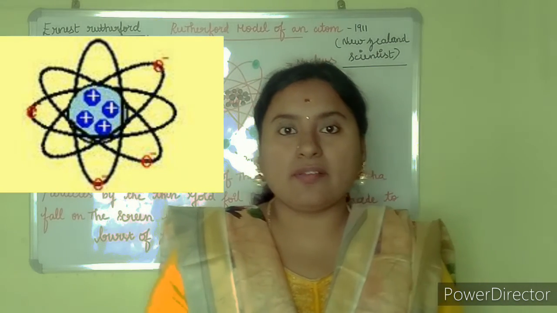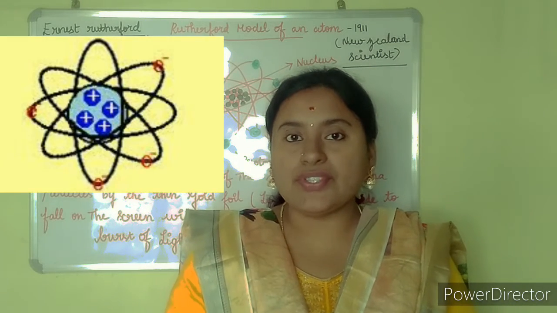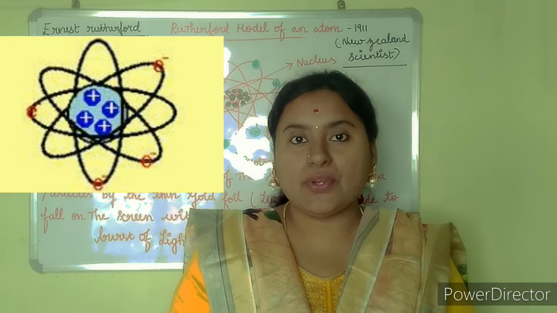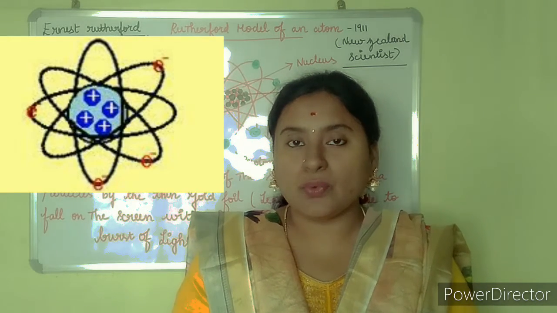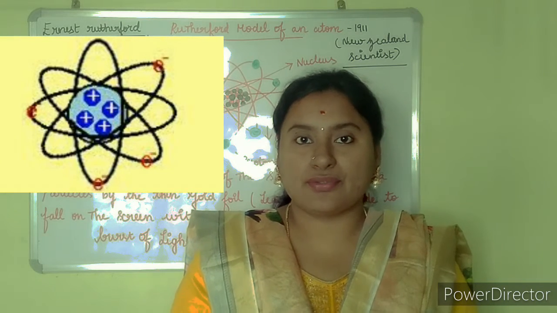The Rutherford model of an atom is a very important model, and it was the simplest way of explaining the model of the atom. It was explained by the scientist who was born in New Zealand, and his name is Ernest Rutherford.